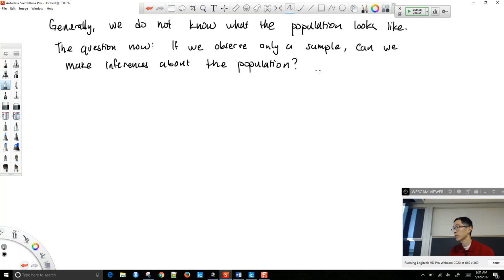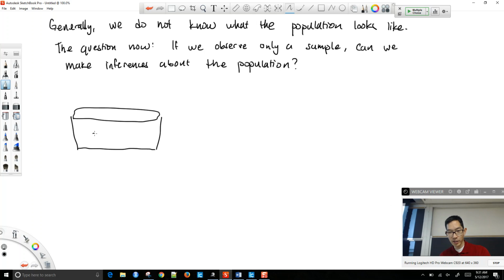So for example, we'll keep using this tub of candy example. In here we've got Skittles, and you take a scoop of Skittles out, dump them out, and count 150 pieces of candy.